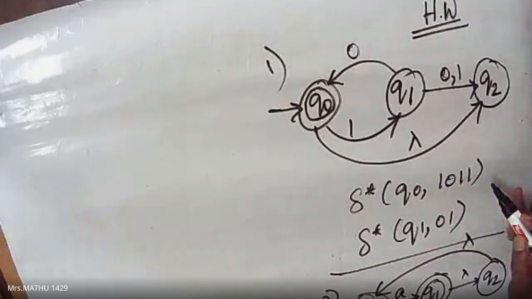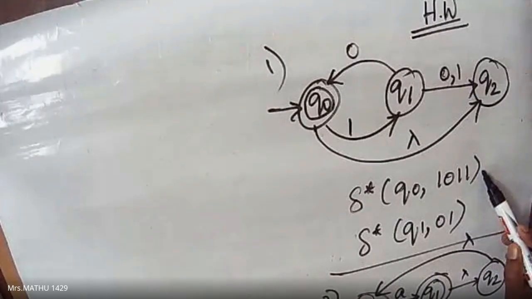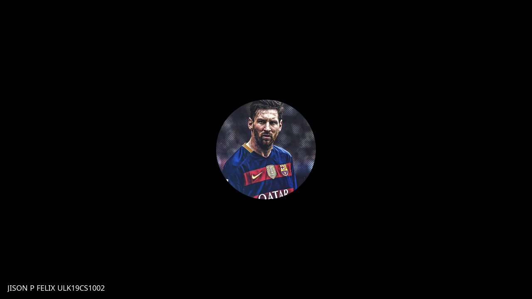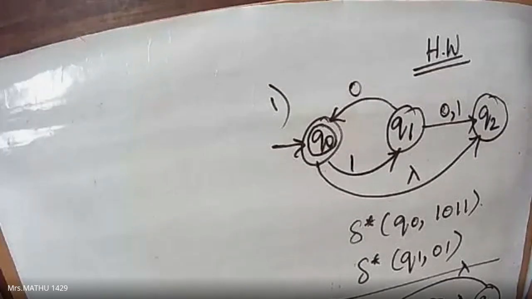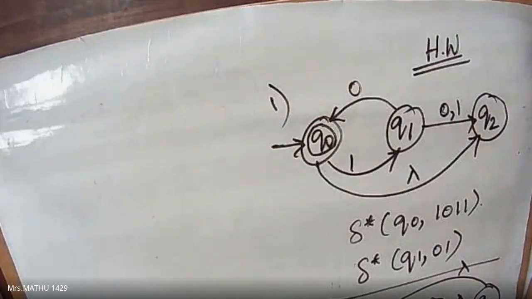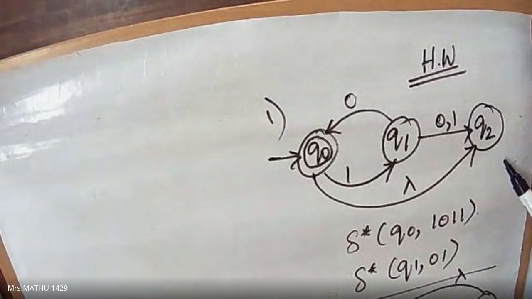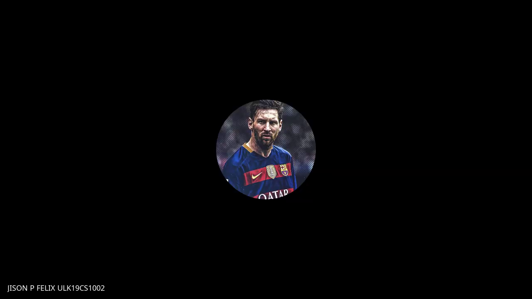Are you able to see what I'm marking here? No, ma'am. What about others? Are you able to see? Okay, Jason, were you able to see the first transition graph given here? The graph also I'm not able to see. I can see only two circles, then two arrows, no, three arrows.